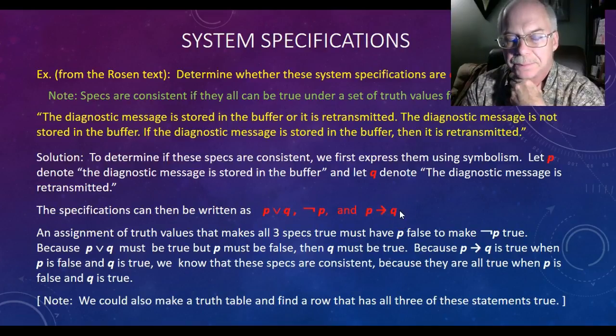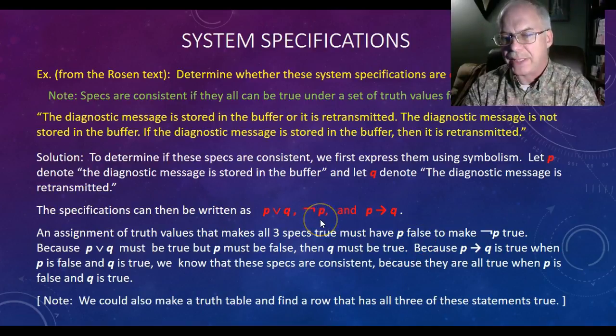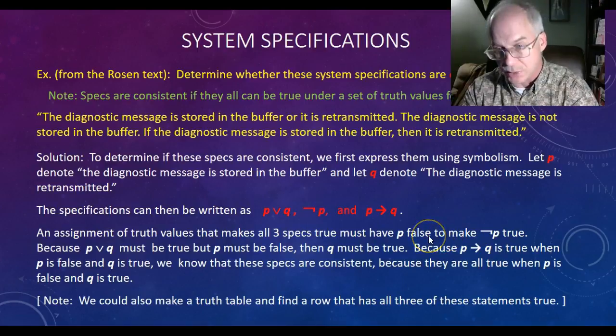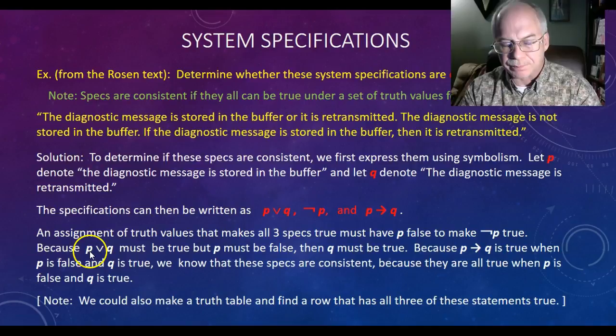Now, an assignment of truth values that makes all of these true has to have P false, because to make not P true, we have to have P false. And then if P is false, and we have to have P or Q true, then we have to have Q true.